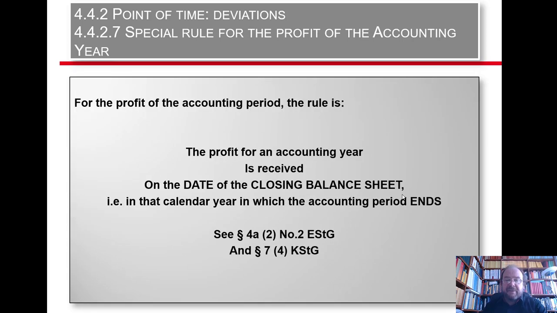So there, the German rule in the ESTG and KSTG is that if you have a balance sheet for an accounting period which is either identical to the calendar year or which deviates from the calendar year, that does not matter. The profit is always received only on the last day of the accounting period, so on the date of the closing balance sheet.